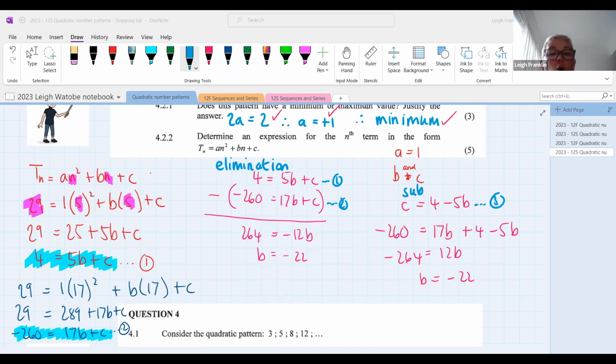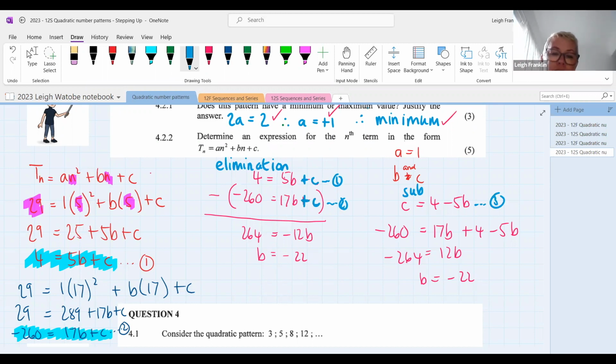Okay, so when we eliminate, I love the elimination method, and I actually think it's very useful in matric as well. You can only do it when you've got 2 linear equations. And the idea is you have to pick a term to eliminate. So because we've got plus 1c over here and we've got plus 1c over here, the c term is the good one to eliminate, because the coefficients are the same.